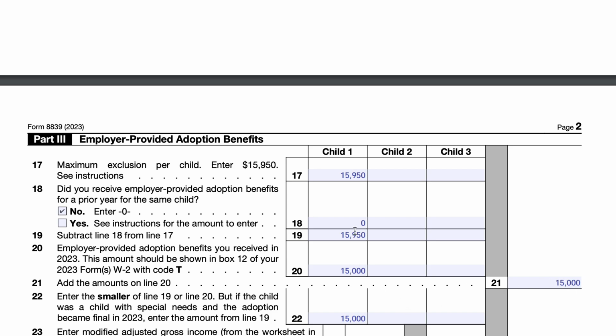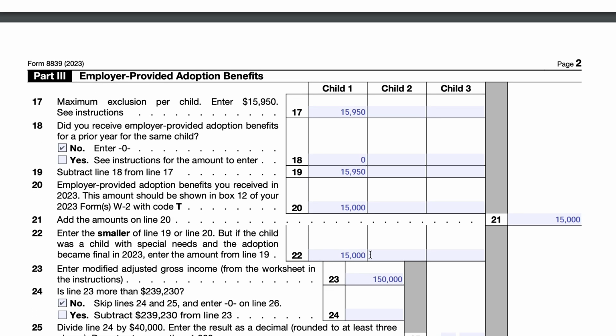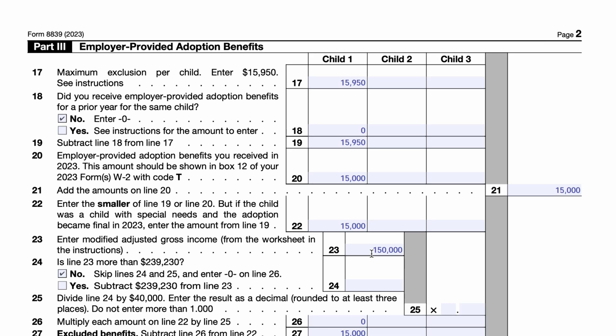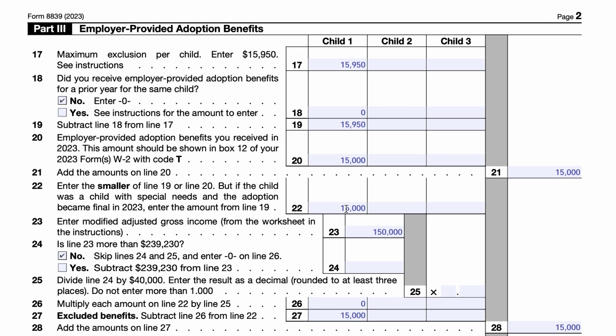And then we're going to take the smaller of the 15,000 or the 15,950, which happens to be $15,000. So we walk through the same modified adjusted gross income calculations. John's well below that threshold, so we're going to skip lines 24, 25. We'll put a 0 in line 26, and then we're going to bring this $15,000 down here.